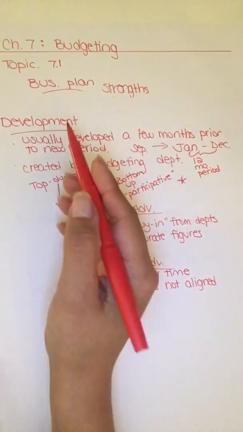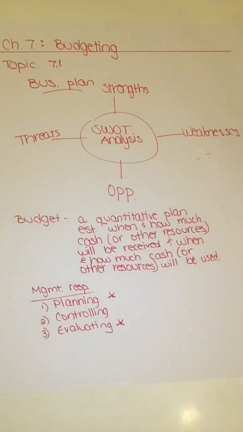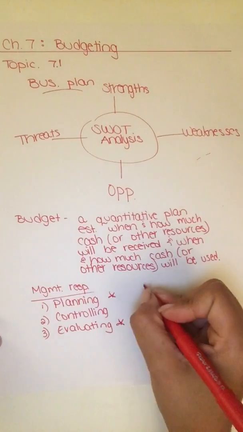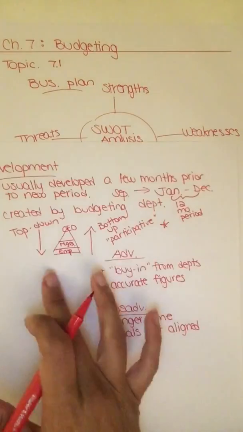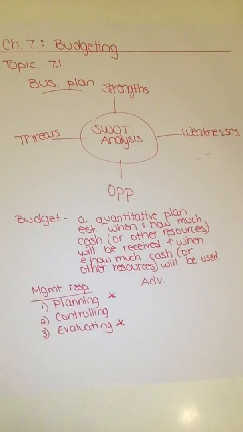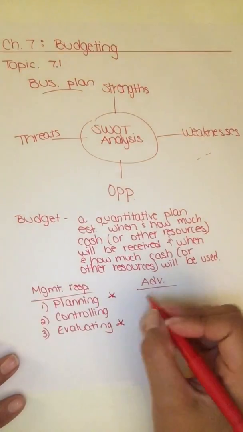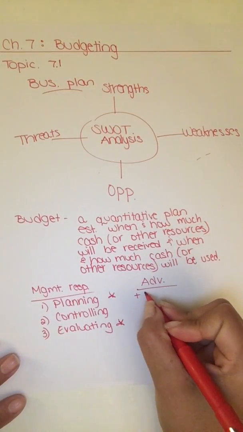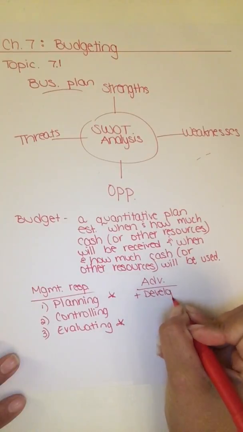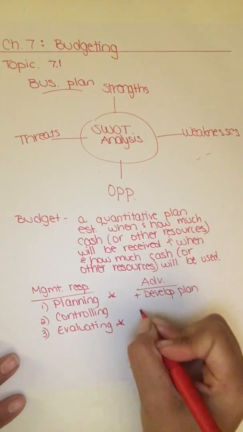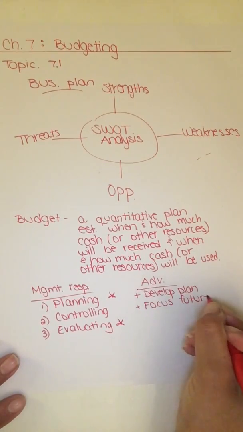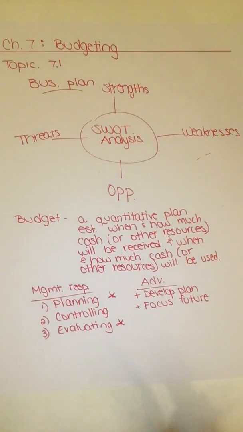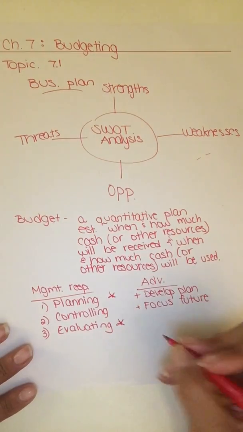Another advantage of overall budgeting, an overall advantage of budgeting in general, not looking at the two different methods, is that you're developing a plan, right? It helps management have a focus on the future. Plan for the future, any costs that might be coming around.